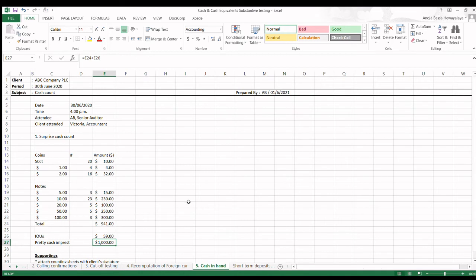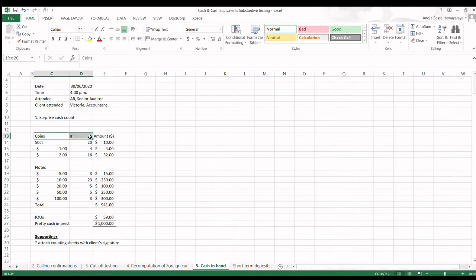This is how I would normally document if I did a cash count. I mention the date, time, and attendees, and who attended from the client side, and I have mentioned what I counted in notes, coins, and how many, and the amount.